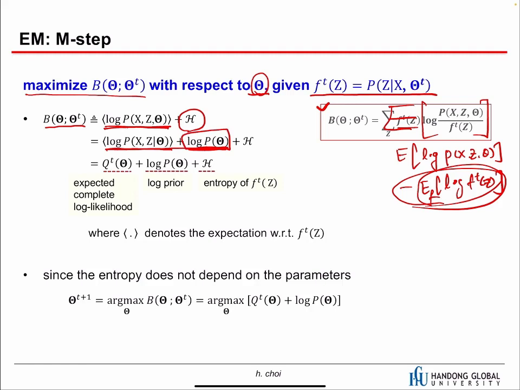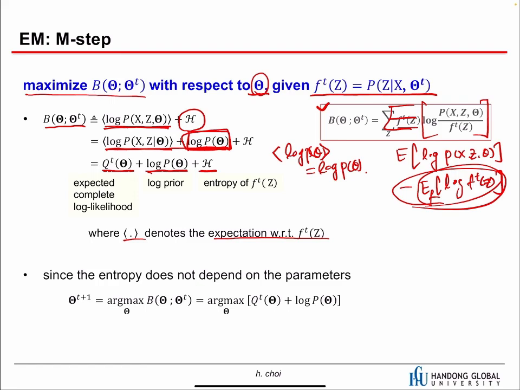We don't have z here, so the expectation of log p theta is just log p theta. So we have the expected complete log likelihood, the log prior, and the entropy. Again, this expectation is with respect to f of z at time t.